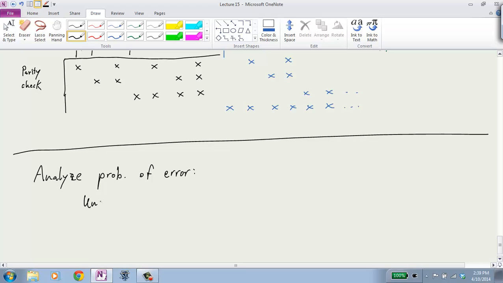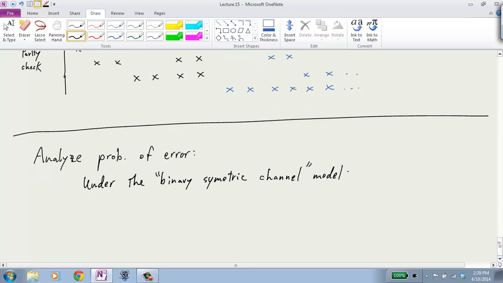So under the binary symmetric channel model, let's compare a couple of things here.